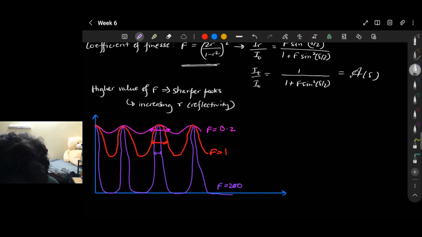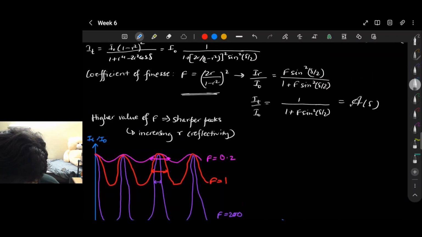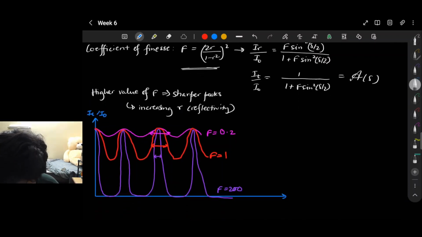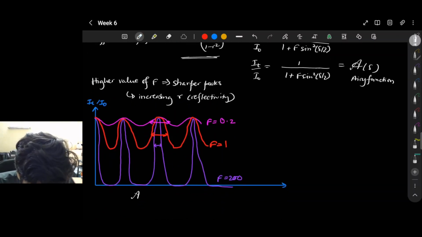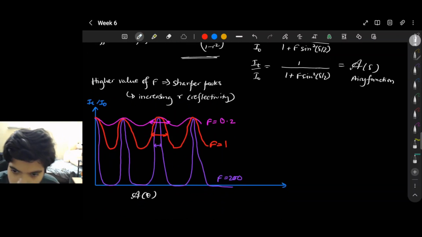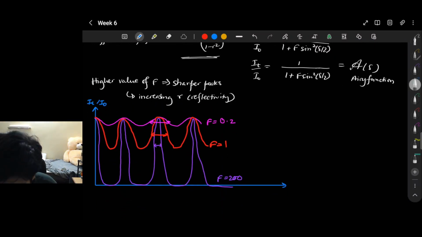And this is for IT over I naught, which is this Airy function. It's called the Airy function, A of delta. And this x-axis is my delta.